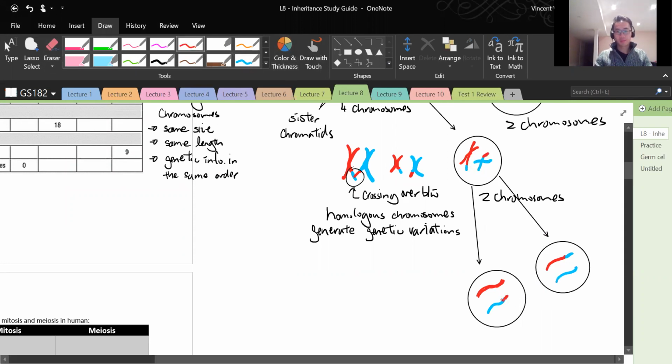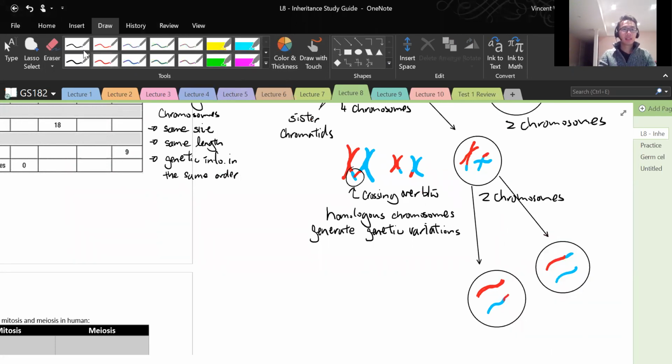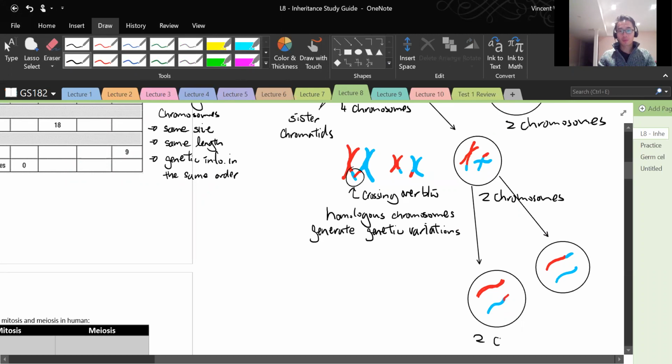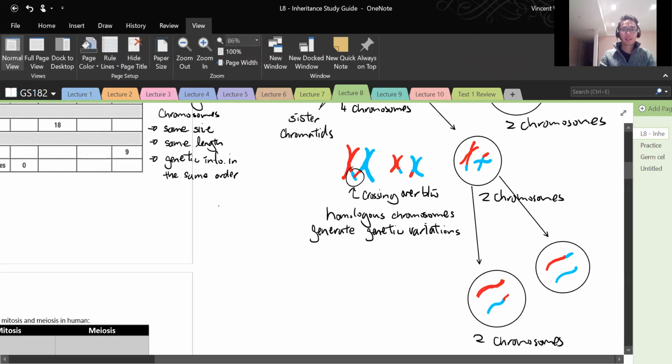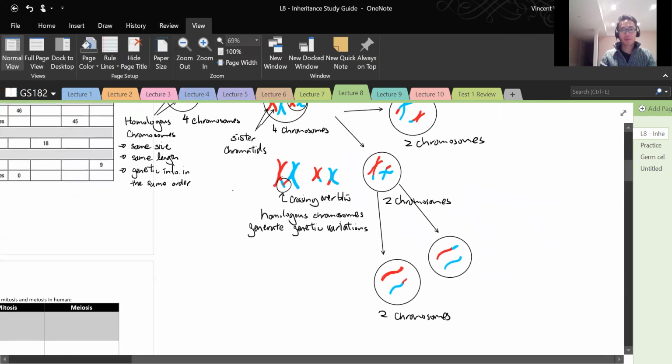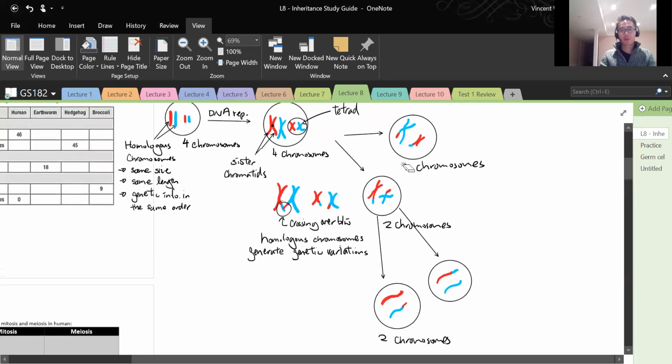There we go. So in the end, we will still have 2 chromosomes for both of them. So basically, we started with 4. After the first division, we have 2. After the second division, we also have 2.